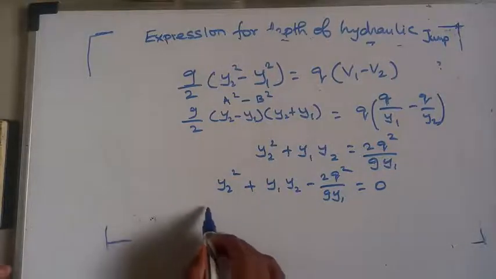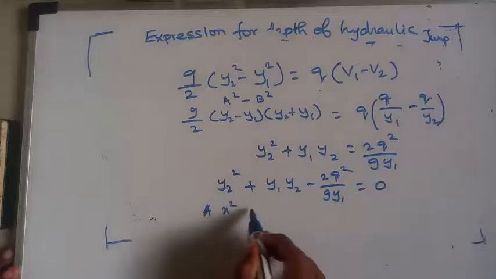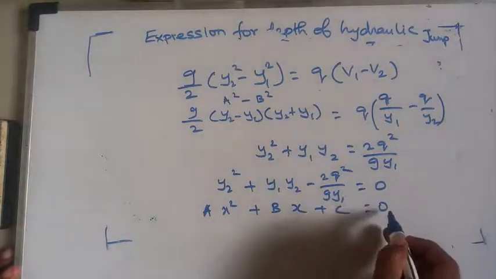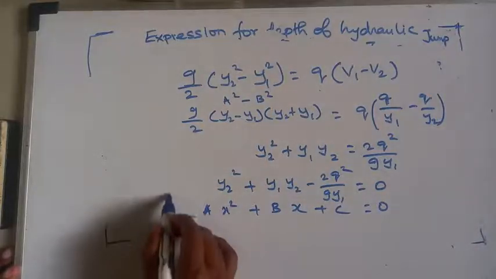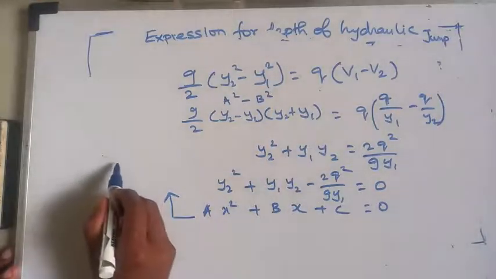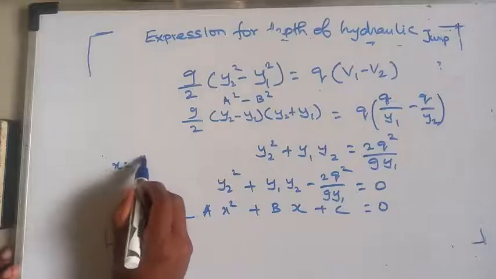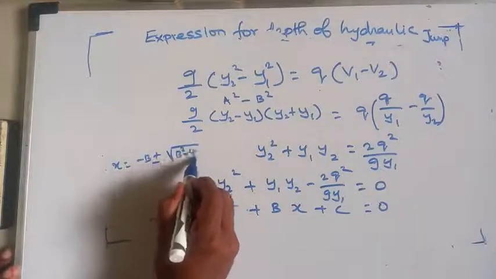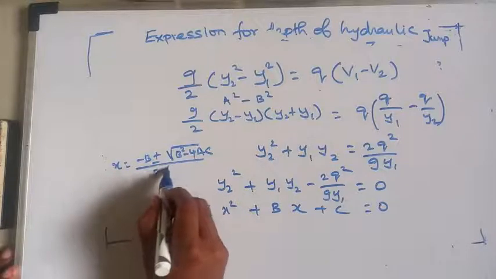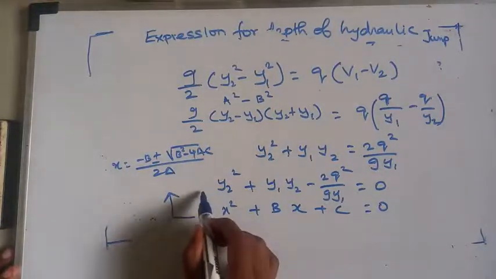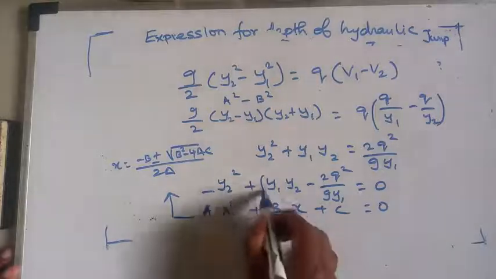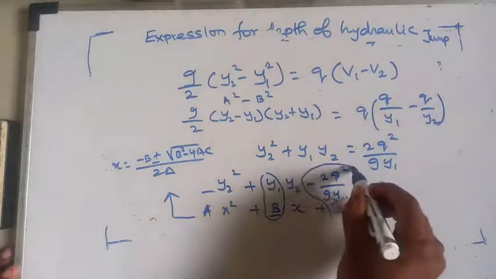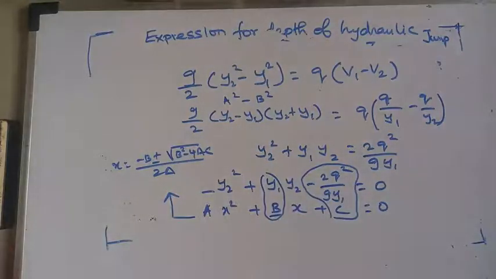If you compare, it will be in the format of ax square plus bx plus c. For this equation, I know the solution: x equals minus b plus or minus root of b square minus 4ac divided by 2a. Here the a value is 1, b value is equal to y1, c value is equal to minus 2 small q square divided by g into y1.